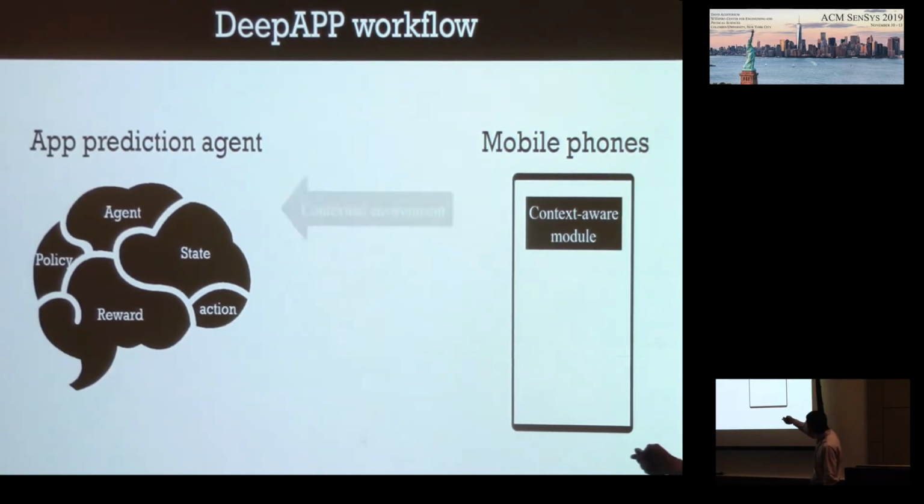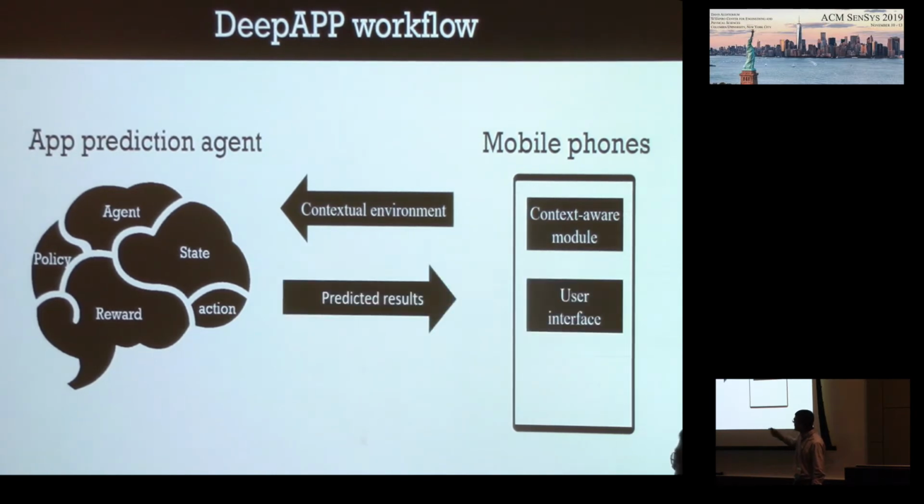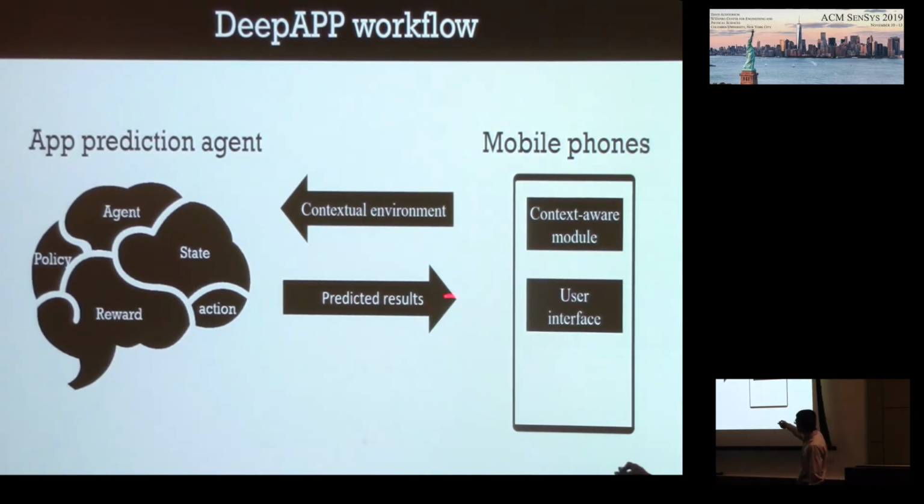Based on the context information, the agent will treat the context information as the state, and then use the policy to do the prediction. Then we will get the prediction results. We call it the action. Now we have the prediction result, like what apps the user will use in the next time slot.